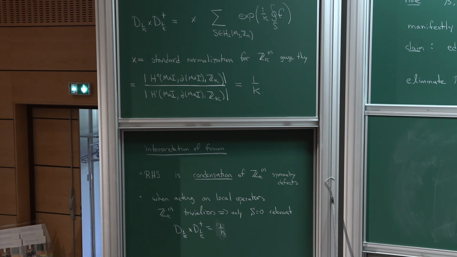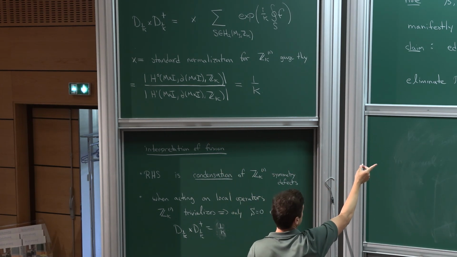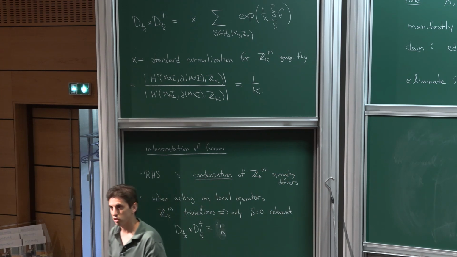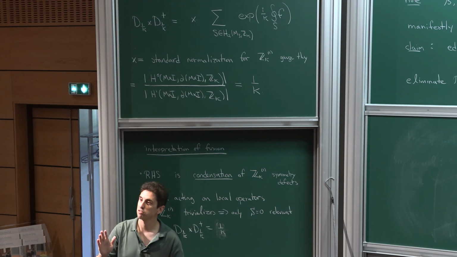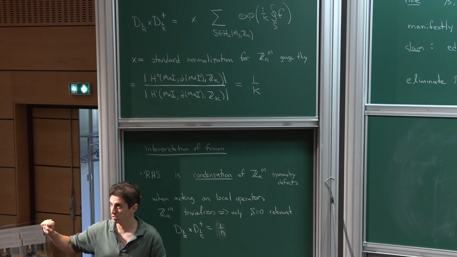Yeah? Sorry, in this derivation, what's the destiny of the discrete torsion term? Yeah, good, thank you. In the derivation of the fusion algebra with D and D dagger, the discrete torsion term doesn't enter in any interesting way. However, if you consider the fusion of D with D, then the discrete torsion term will hit you in the face.